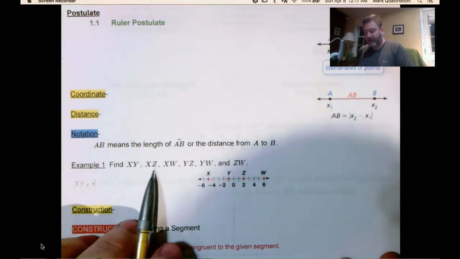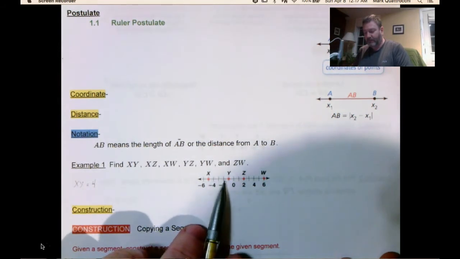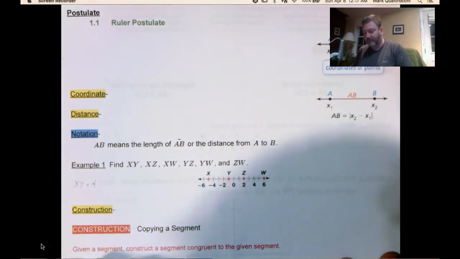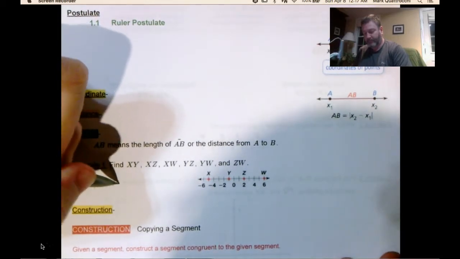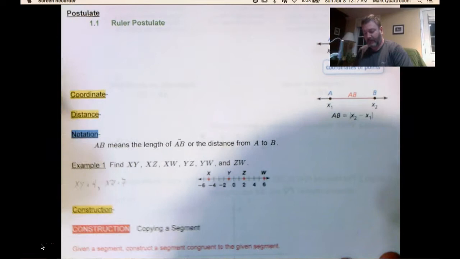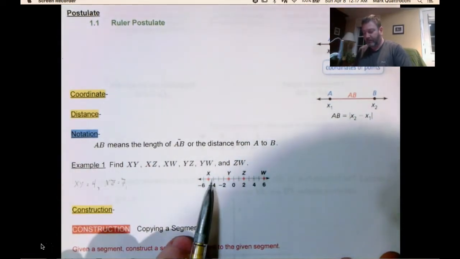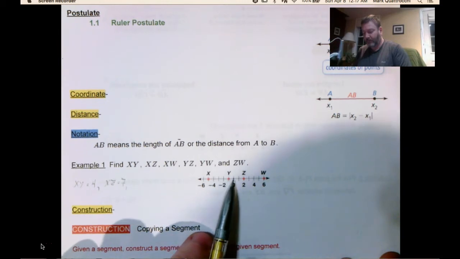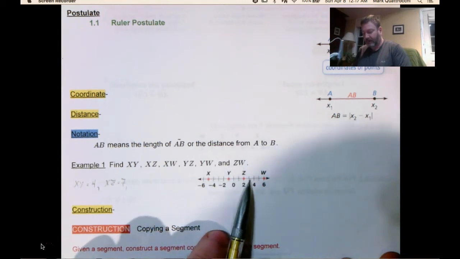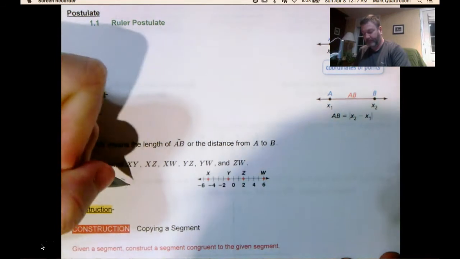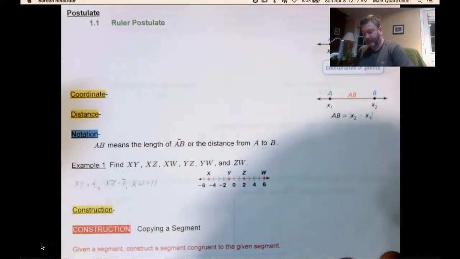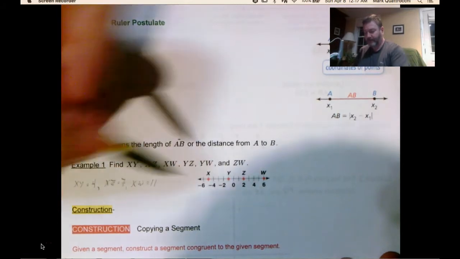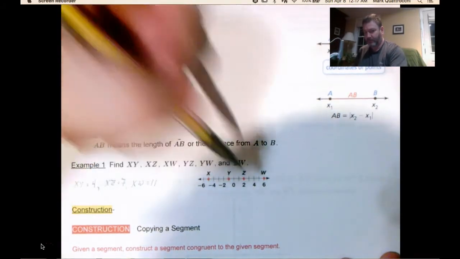The length of segment XZ, 1, 2, 3, 4, 5, 6, 7. XZ has a length of 7. XW, 1, 2, 3, 4, 5, 6, 7, 8, 9, 10, 11. YZ, 1, 2, 3.